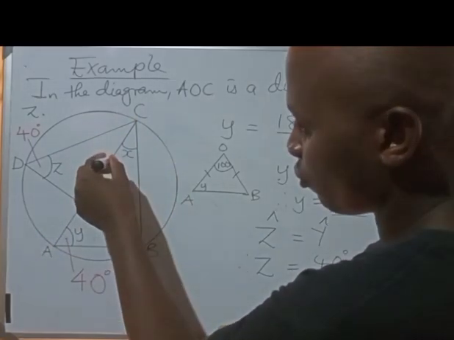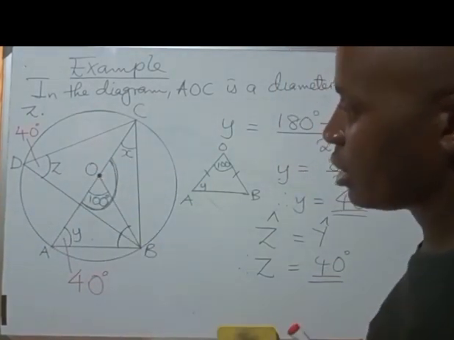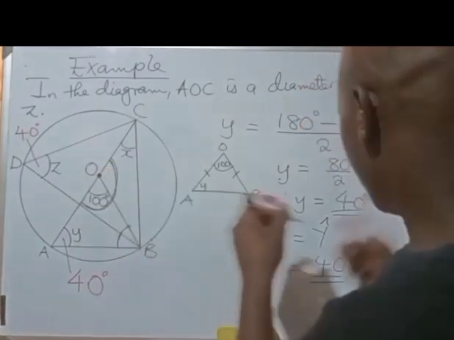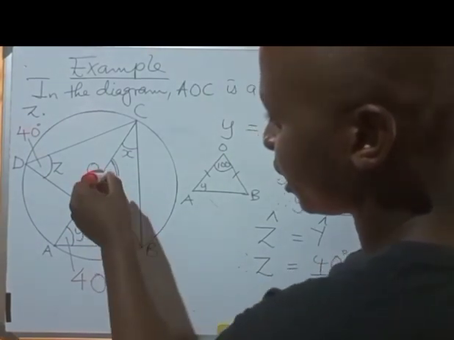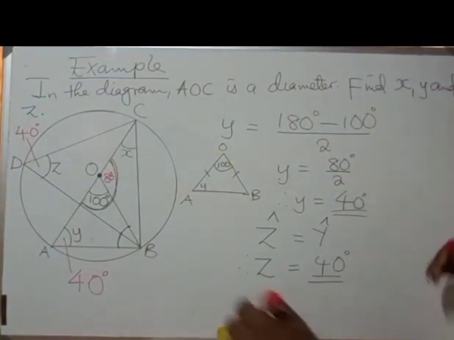Angles on a straight line all add up to 180. So to find this angle here, it will be 180 minus 100, which is 80. So that angle there is 80.